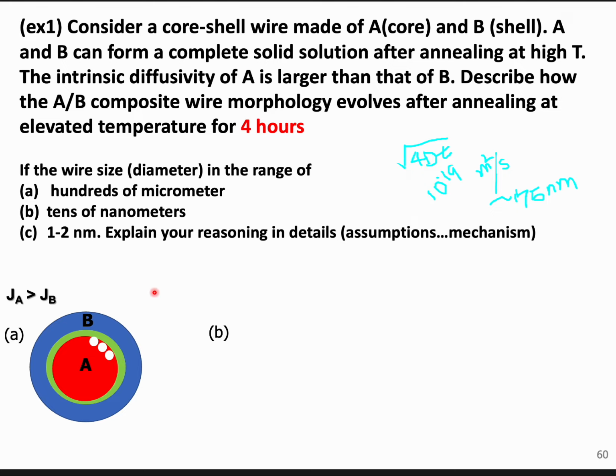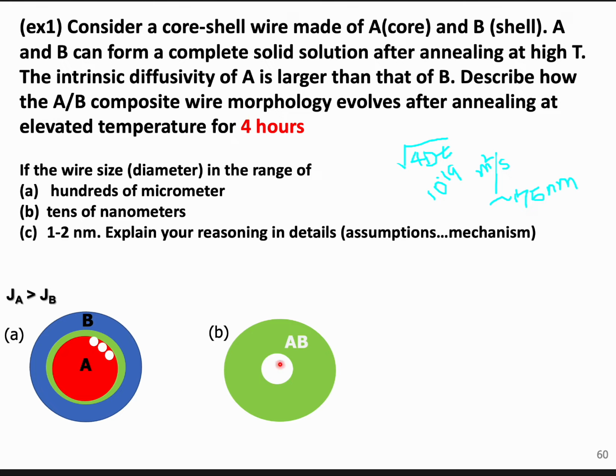And for sure, you can observe some voids forming in material A. This is the answer for question A. But if it's 10 nanometers, you can consider that it has almost already formed the AB solid solution, the AB alloy, and the void or hollow structure will be in the AB alloy.